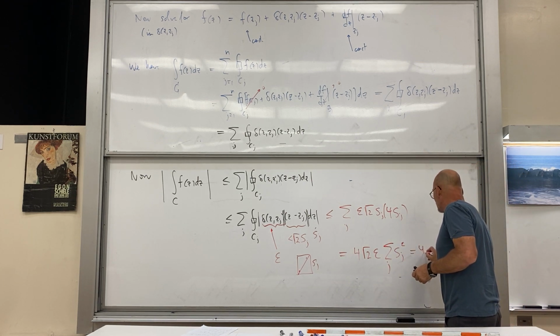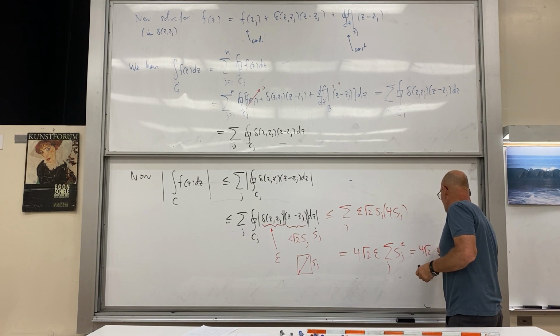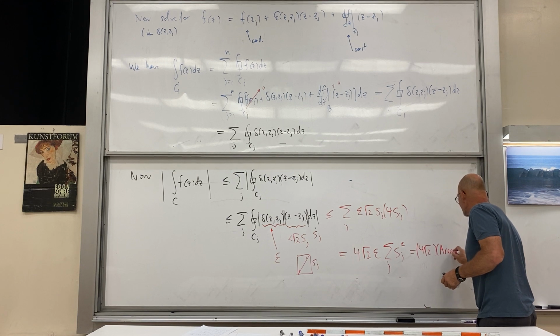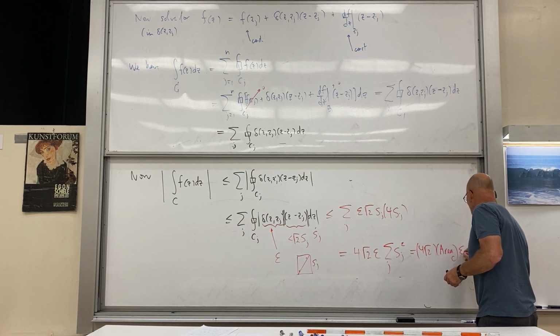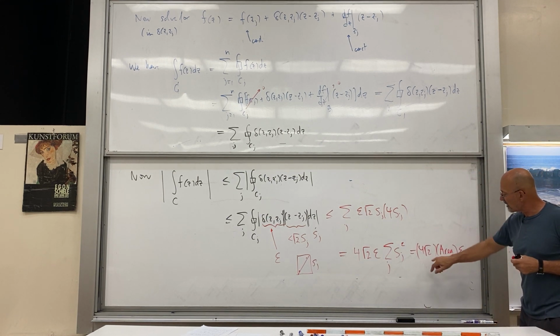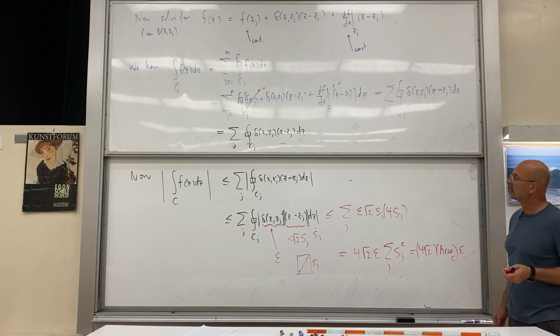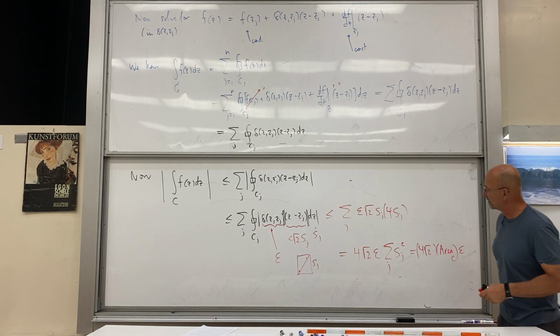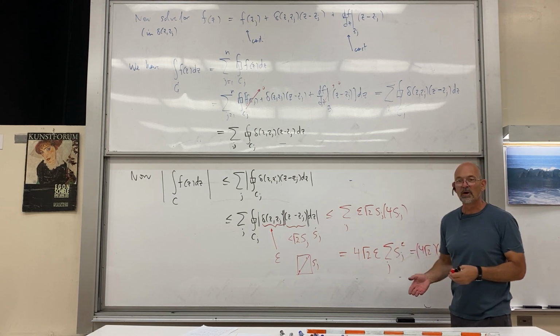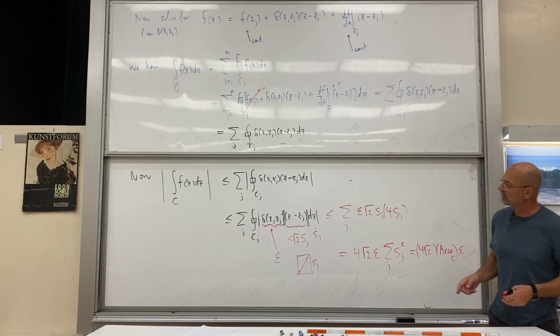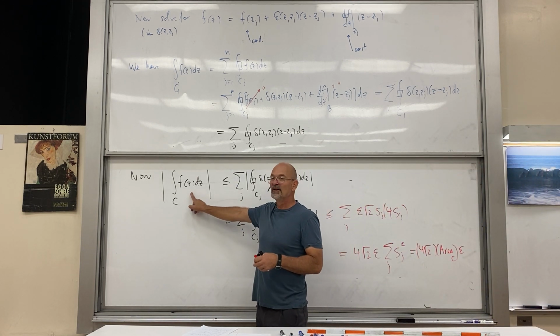So that's 4 roots 2 times the area enclosed by c times epsilon. Okay, these are all finite quantities, and this epsilon is arbitrarily small, and that makes our proof. We chose epsilon arbitrarily small, so this is an arbitrarily small number, therefore that integral is equal to 0.